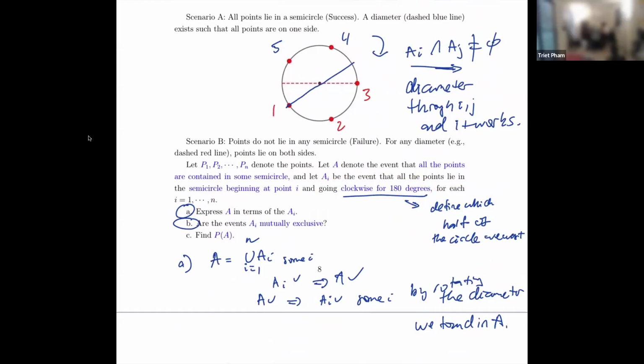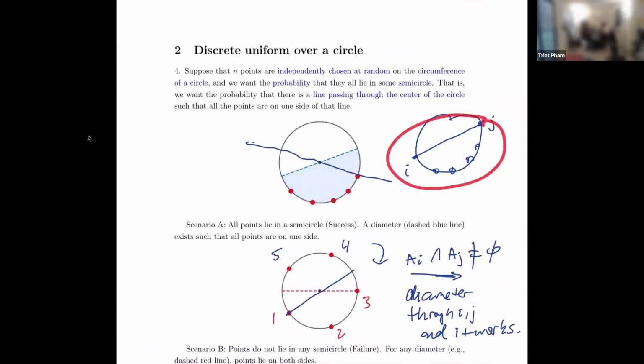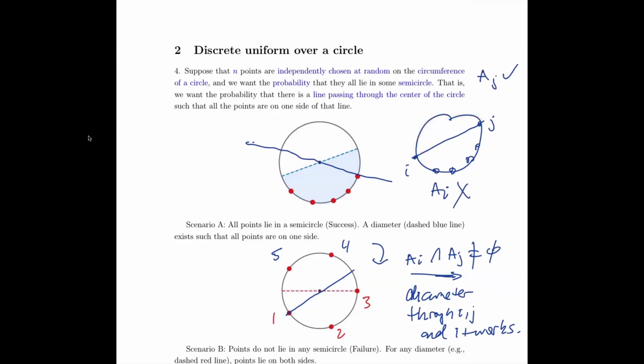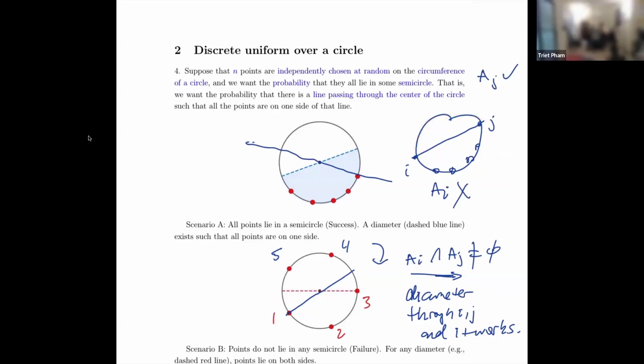For example, here, in this case, I draw, which one works? AJ works, but AI doesn't work. Why? Because AI, look at this part. You understand? So the direction is exactly what makes AI and AJ mutually exclusive. Otherwise, they may have this case that you're trying to draw.